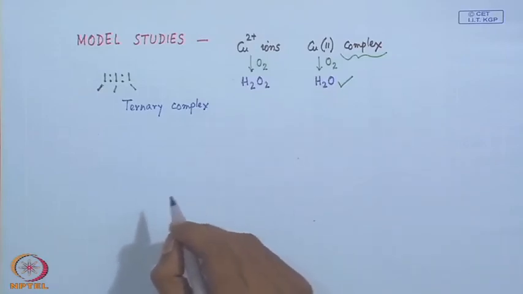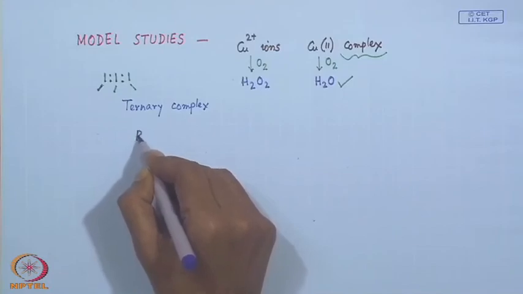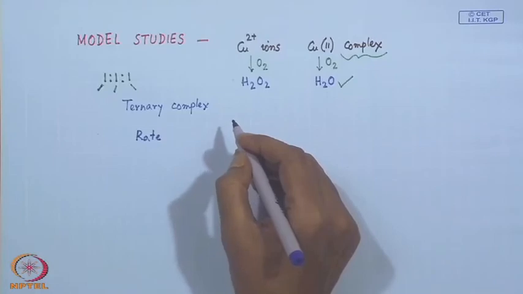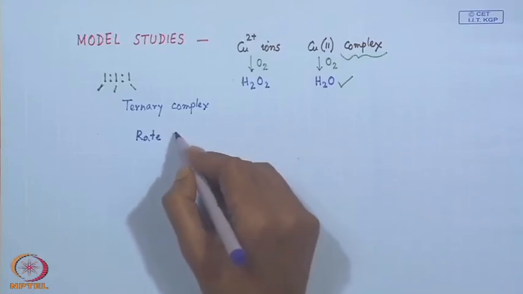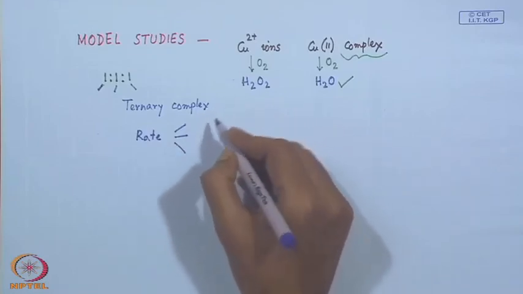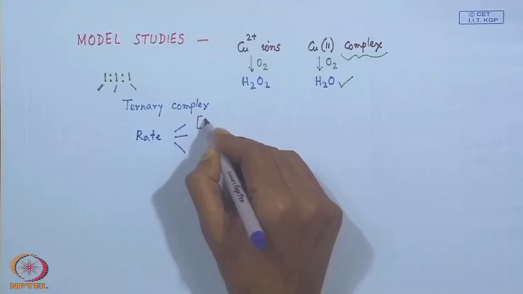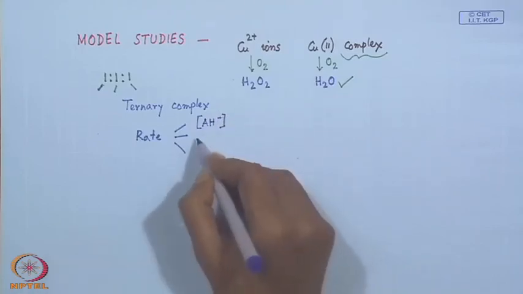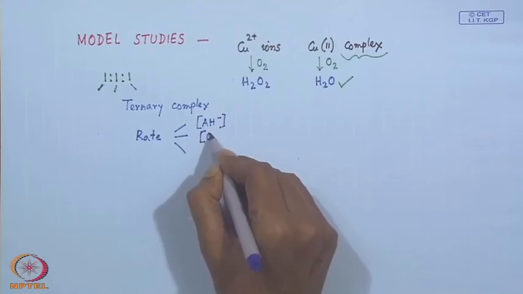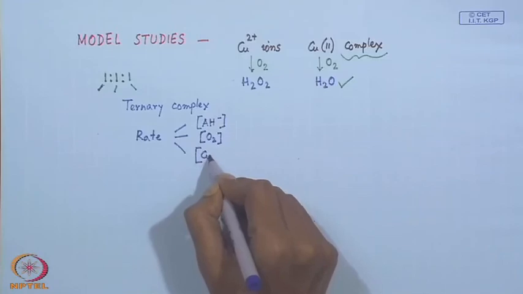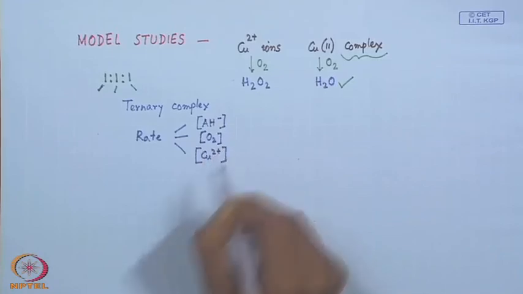When you have the ternary complex, we get a rate expression for the rate of the reaction. In the rate expression we see that it is dependent on the concentration of HA minus, that means the ascorbate anion. It is also dependent on the O2 concentration and on the copper 2 plus concentration.